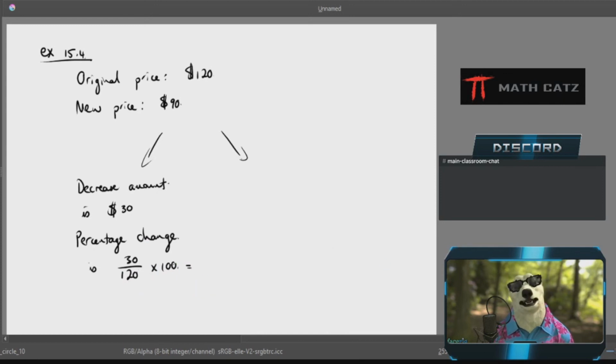Let's see what that is. 30 divided by 120. It's nice to see it for everyone to see. MathBot says 25. So let's leave the sentence for both. It's just going to be the same concluding sentence, right?